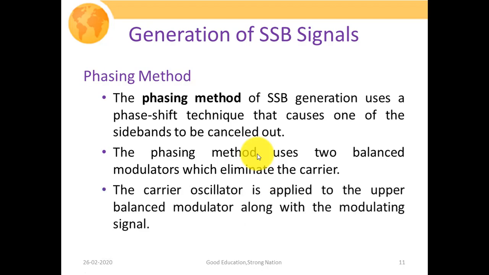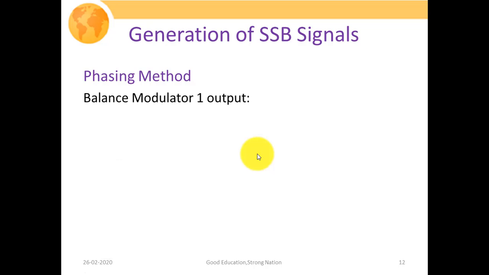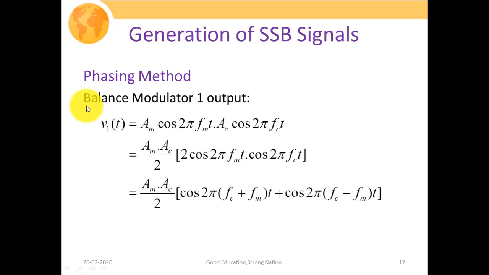The carrier oscillator is applied to the upper balance modulator along with the modulating signal. The output of balance modulator 1, V1(t), is calculated as V1(t) equals Am cos of 2 pi fm t multiplied with Ac cos of 2 pi fc t. This is our carrier signal and this is our message signal.